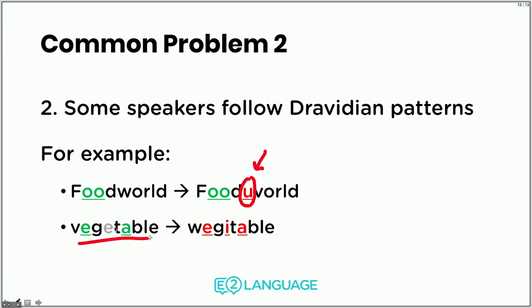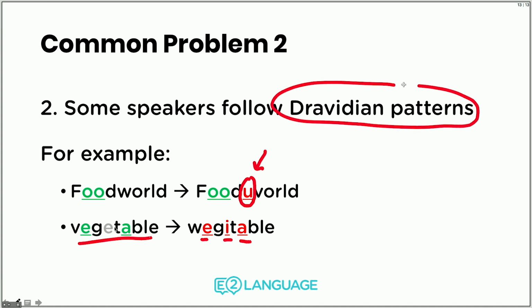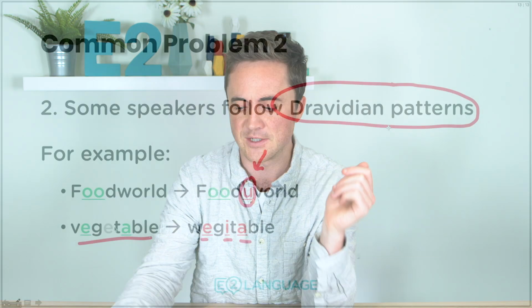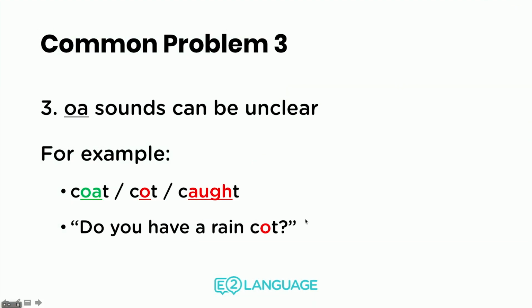Or vegetable in English becomes vegetable with an extra vowel instead. Now that's completely normal that you would follow your original or first language when speaking English, but if you do want to get a high score on one of these tests, for example, or you just want to be easily understood by a native English speaker, you do need to think about the interference of your first language. Cool, we'll do some practice on that.